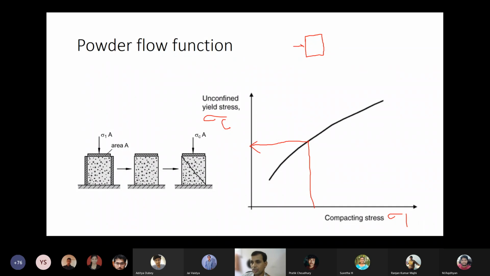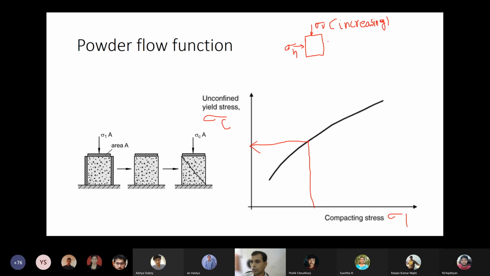Let's say we have a certain amount of stress in the horizontal and we're applying some vertical stress. Let's keep this horizontal stress constant and keep increasing the vertical stress.